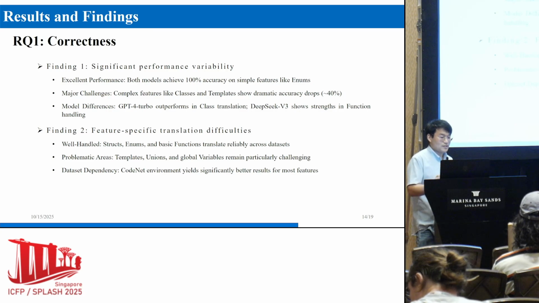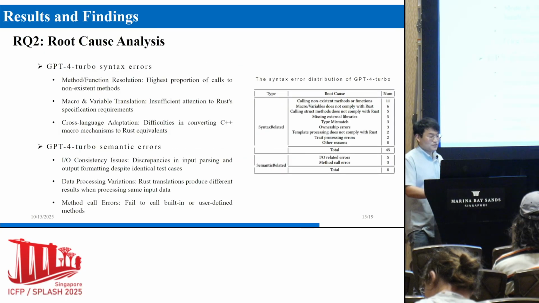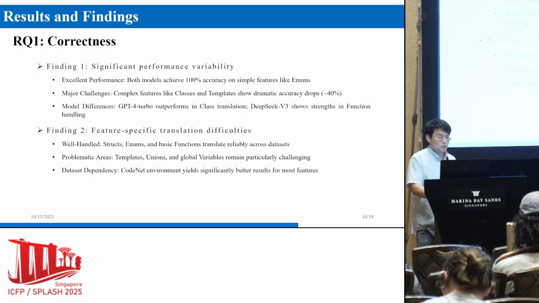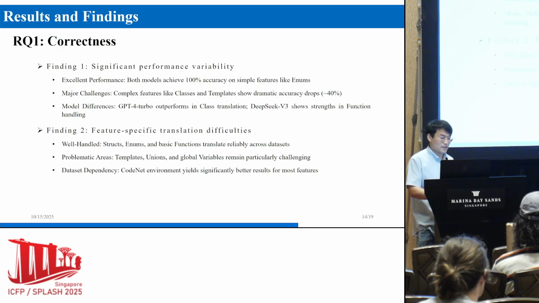The major challenge also lies in complex features like classes and templates. And the model difference is that GPT-4 Turbo outperforms in class translation. Meanwhile, DeepSeek V3 shows strength in function handling.